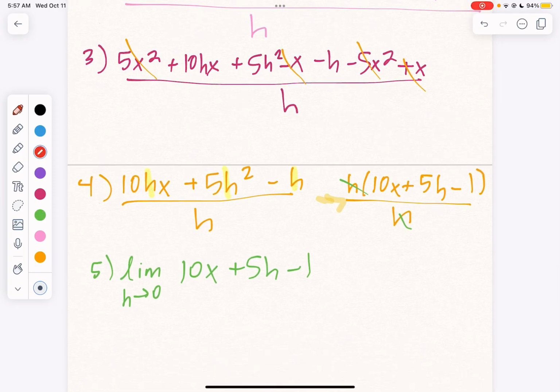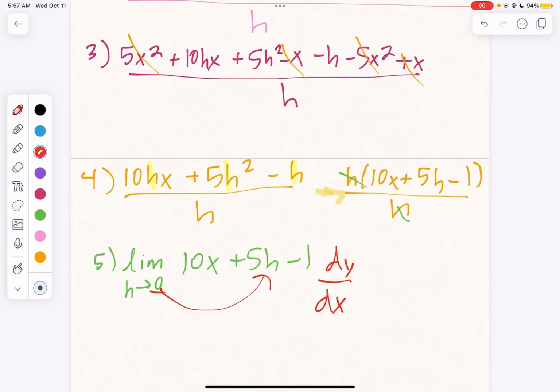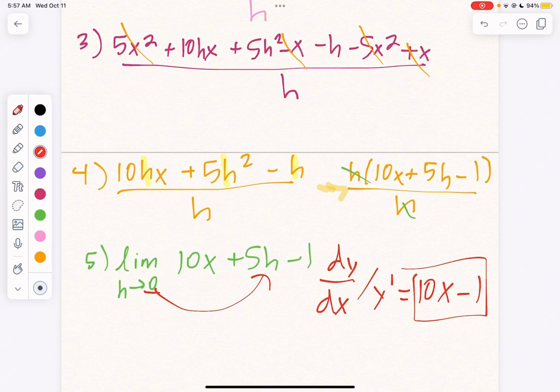We can go ahead and put in the 0 for h to evaluate this, and you are left with dy over dx, again just a different notation, or y prime, equals 10x minus 1. And once again, you can use this derivative, 10x minus 1, and plug in any value for x to get the slope at a given point.